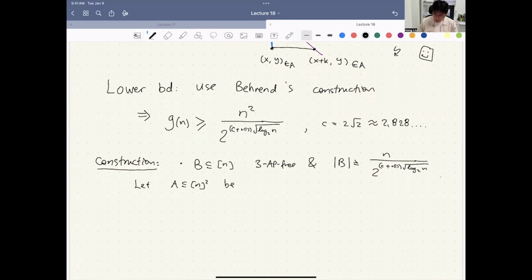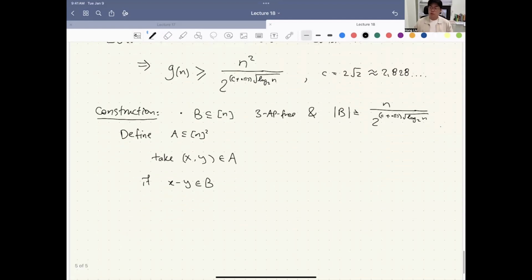We're going to take (x, y) in A if x minus y is in this 3-AP-free set B. What does it mean geometrically? Let me draw a picture. Here's an n by n grid.